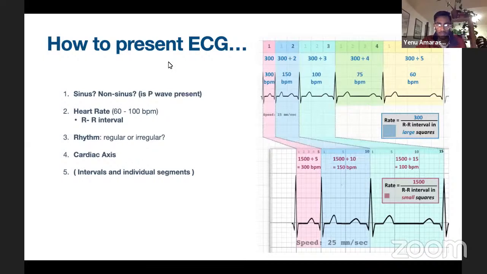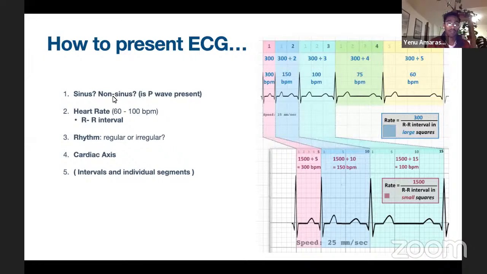And then just before we look at the ECGs at the end, how I generally like to work out the ECGs and present it to someone is in a systematic form of 5 steps. First thing you should look out for is if it's sinus or non-sinus.